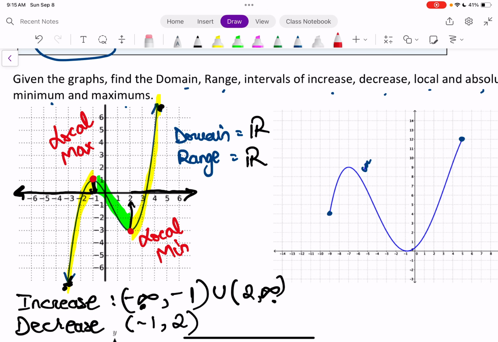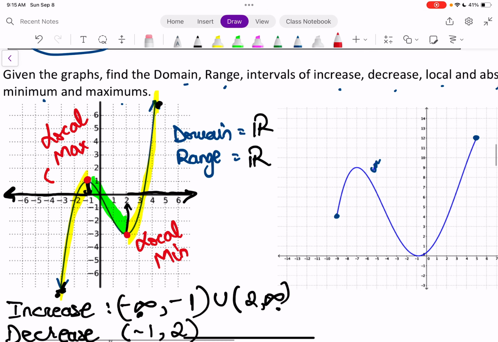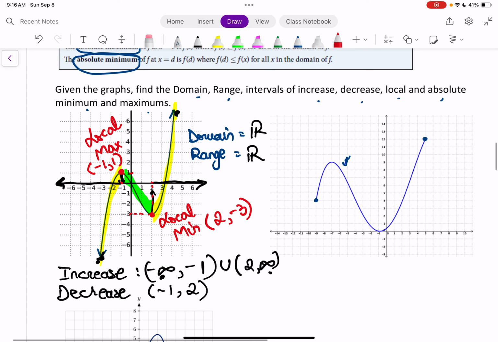And then what we do to say what they are is give the coordinates. This has a coordinate of negative 1, positive 1. And the local min has a coordinate of x is 2 and y is negative 3. So we just need to read the coordinates of those turning points.